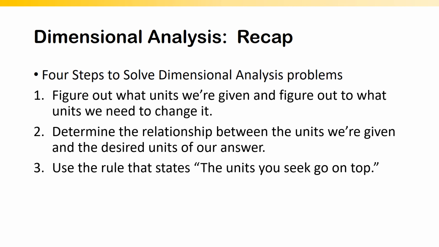This is how you go about selecting the correct conversion factor. And step number 4 is to cross out those repeating terms. If your repeating terms are the units you wish to eliminate, you should be left with the units you seek. This is your double check to ensure that you've set the equation up properly. And at this point, you just do the math.